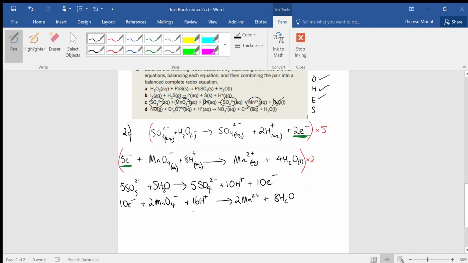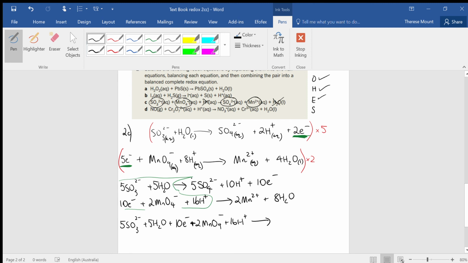Okay, so now I can add my 2 equations together. So I'm going to look at all my reactants and write them next to each other. So 5SO3 2 minus plus 5H2O plus 10 electrons plus 2MnO4 minus plus 16 hydrogen.